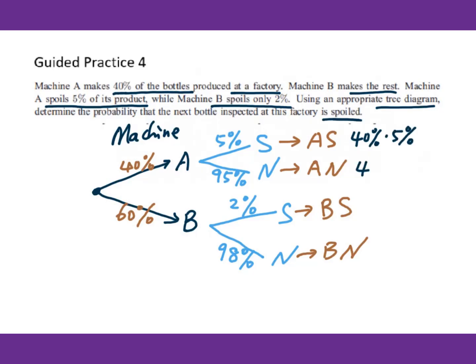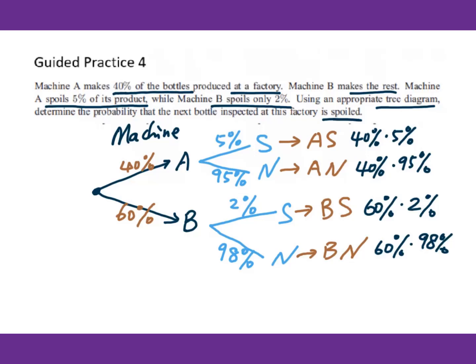This one will be 40% times 95%. This will be 60% times 2%. 60% times 98%. Because you have to go along this line and this line. So you get these two.